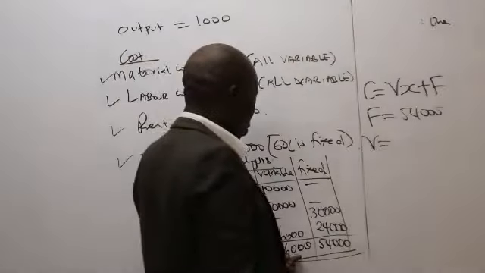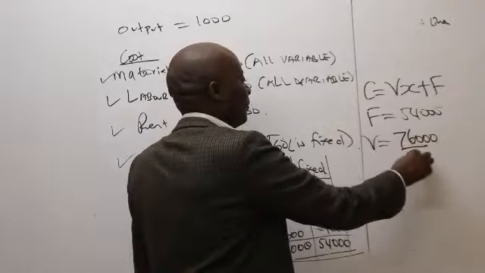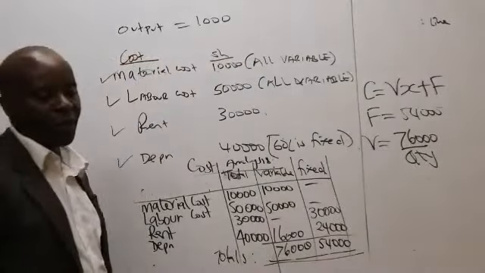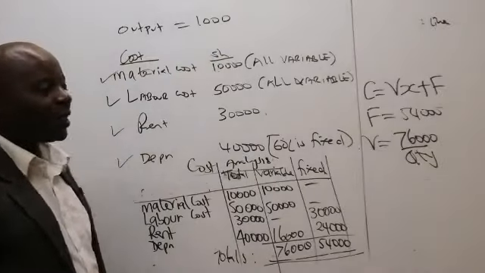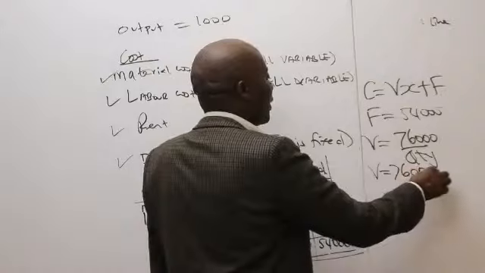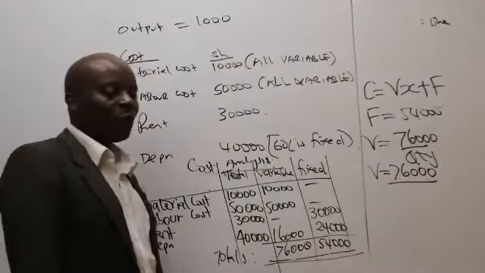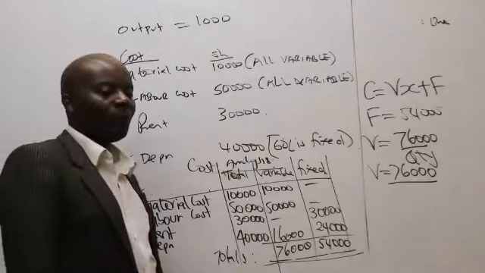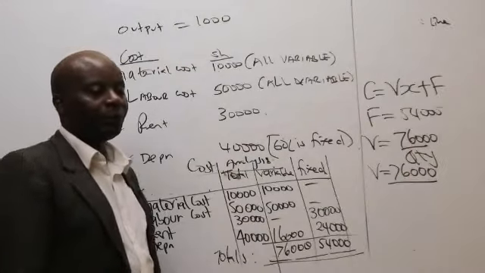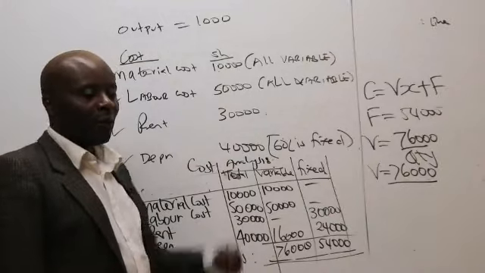So whatever total variable cost you have here, you must divide this by the quantity produced. So my V will be 76,000 divided by what quantity?